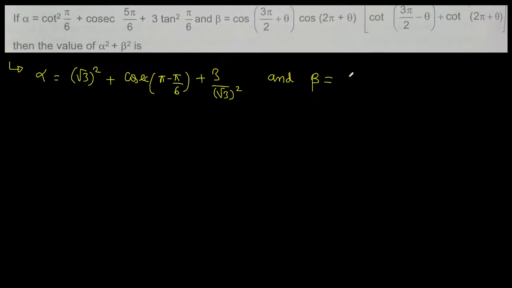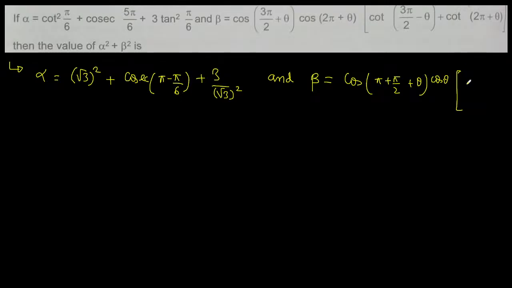beta is what, cos pi plus pi by 2 plus theta, and cos 2 pi plus theta is cos theta. It will be getting multiplied with cot 3 pi by 2 plus theta, 270 minus theta.